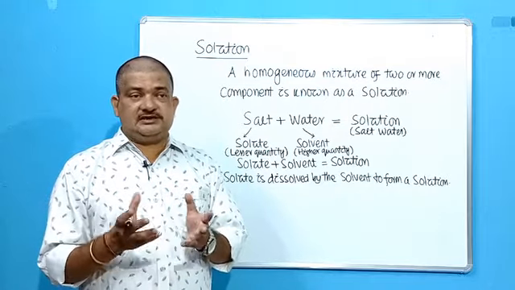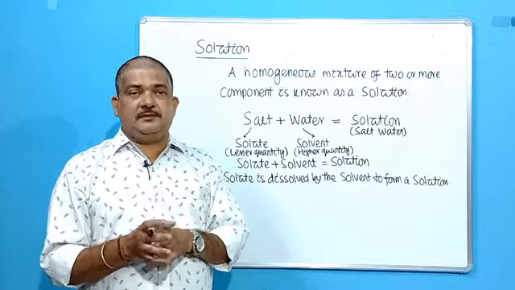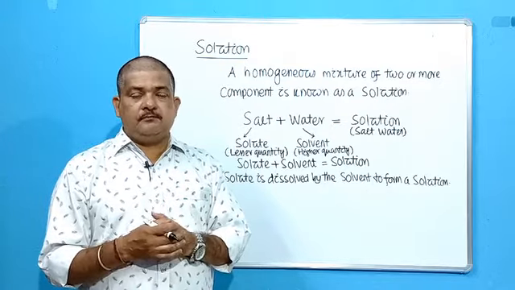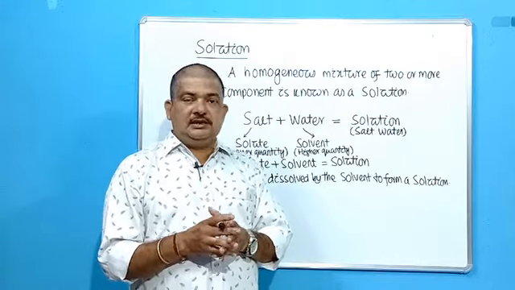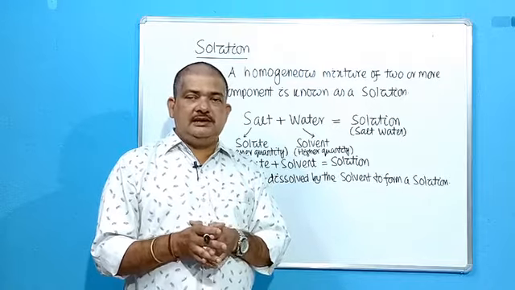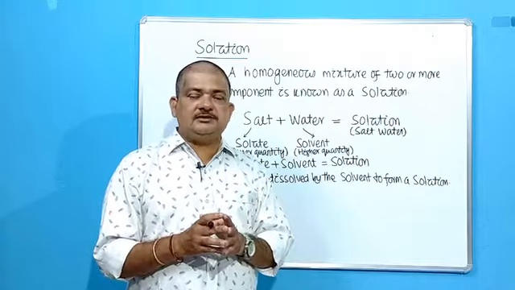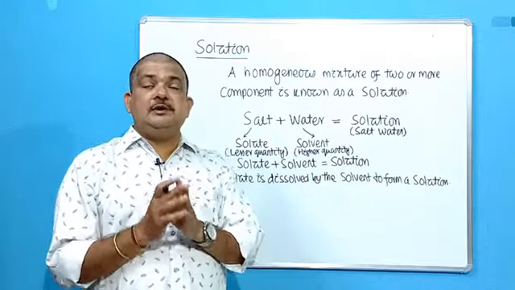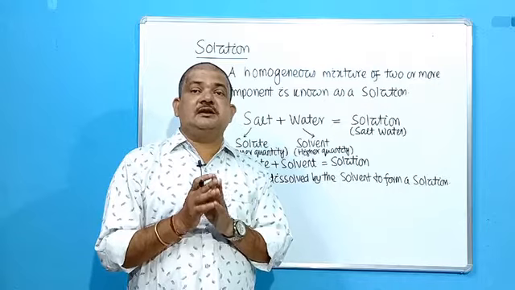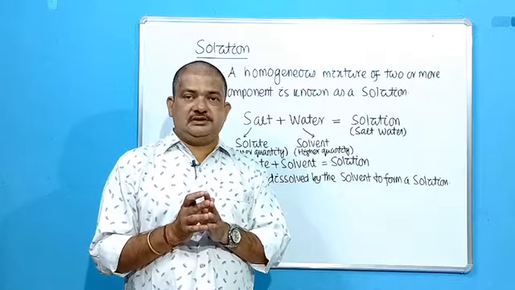It can be percentage, weight by weight, weight by volume, volume by volume, then mole fraction, molarity, normality, molality, formality, and parts per million. That is called the strength of a solution.